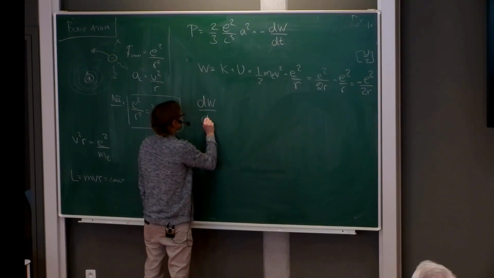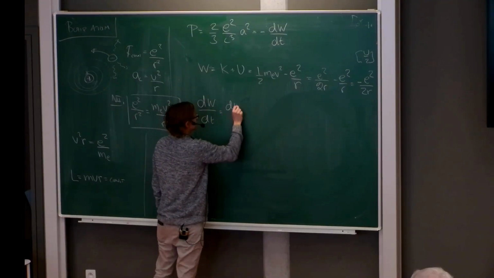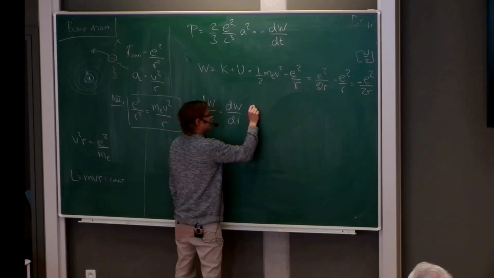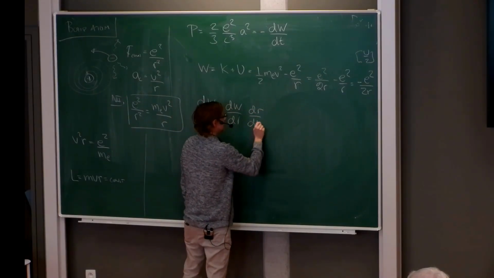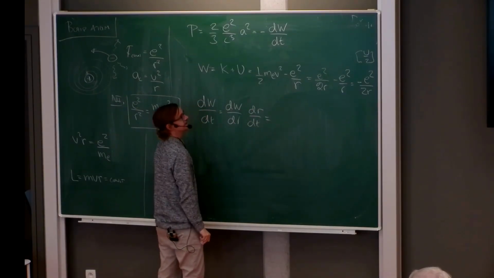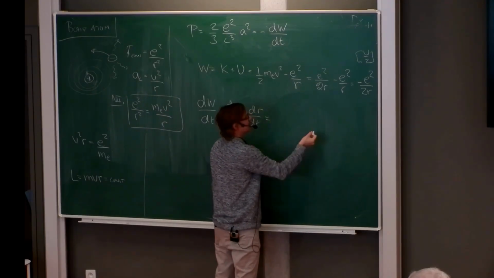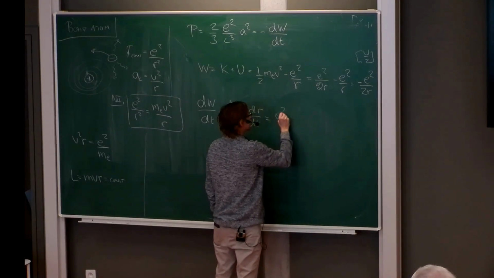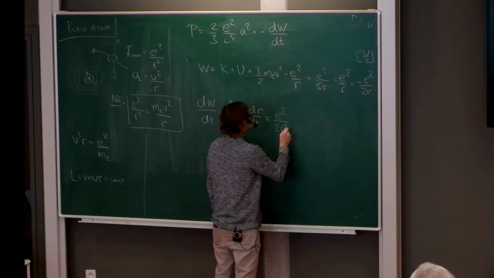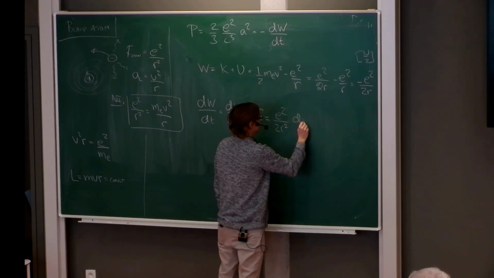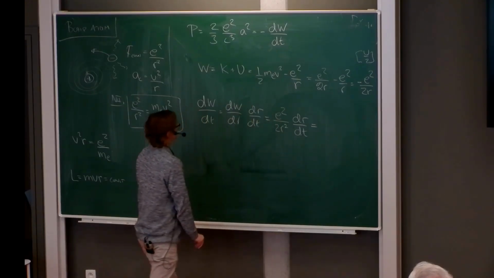And then we can do this, hopefully. The dE dt we can write as dE dr times dr dt, where we can calculate dE dr from there, which is going to come out as e squared divided by 2r squared, and then dr dt, okay?